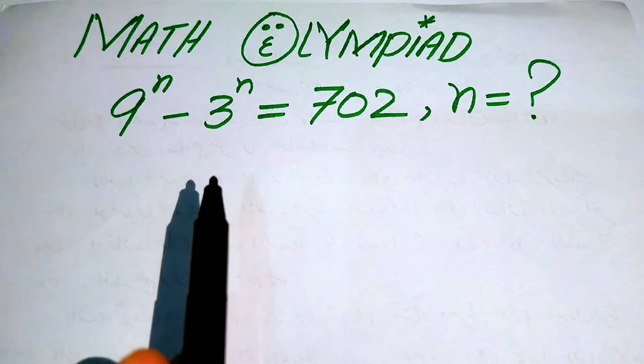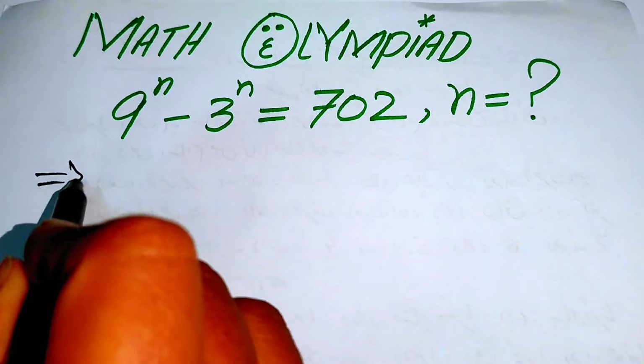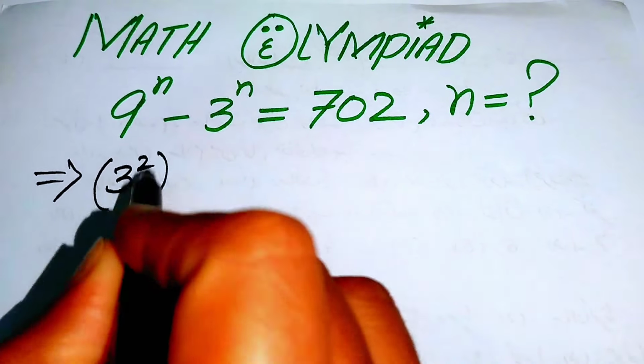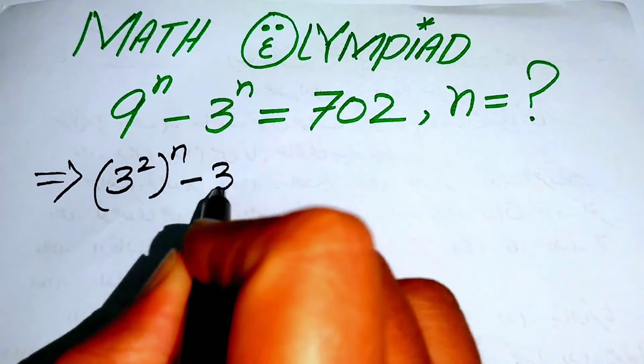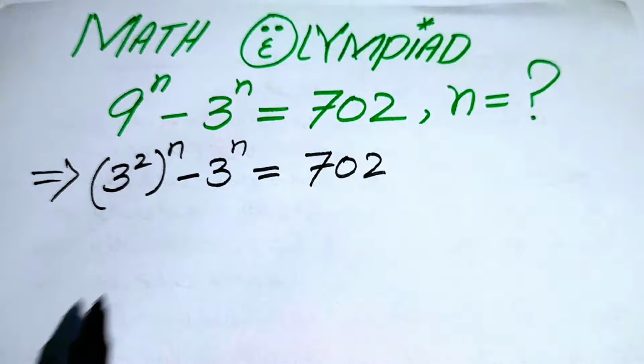So the very first thing we are going to do is rewrite this equation. We write 9 as 3 squared, and its whole power n, minus 3 to the power of n equals 702.